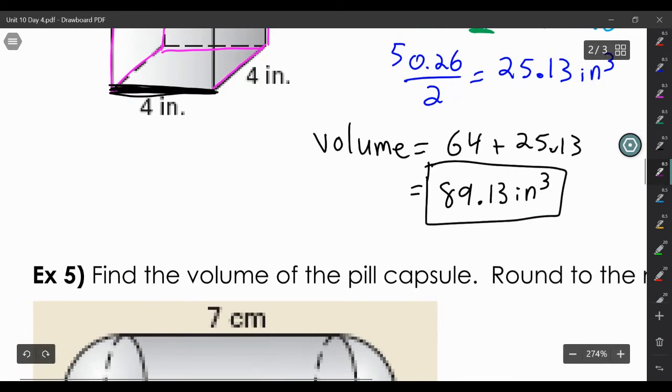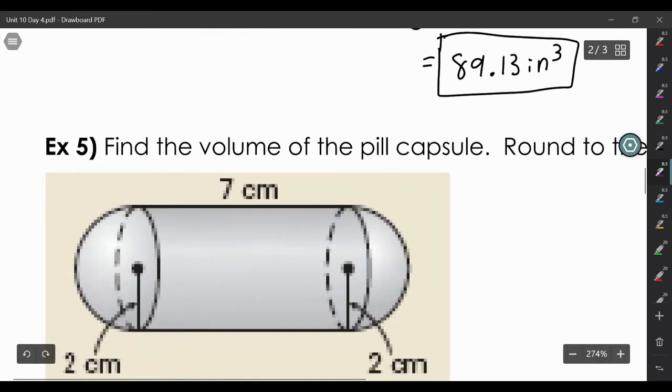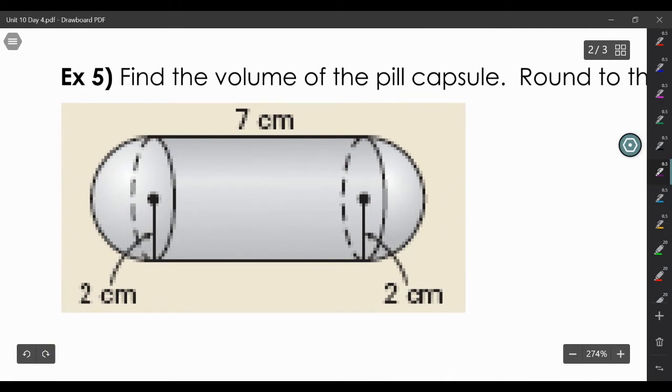All right, let's look at number 5 down here. So we have this pill capsule, and if you think about a medication pill, you'll recognize that it's not a perfect cylinder. It's a cylinder with 2 half spheres on either side of it. So that's what we have.